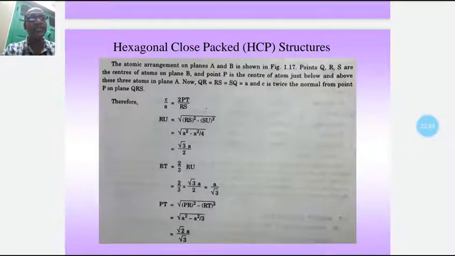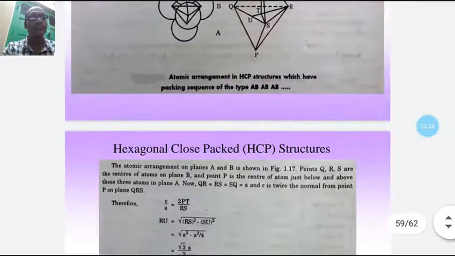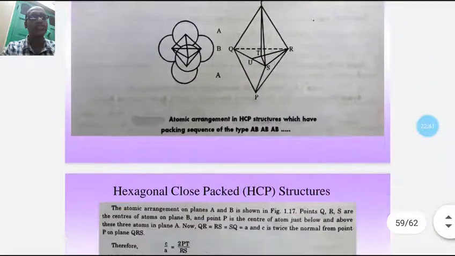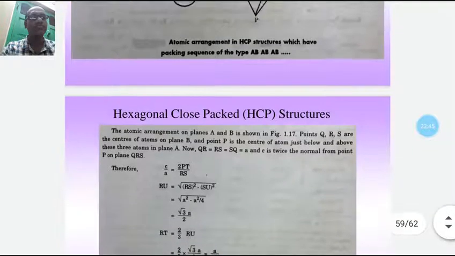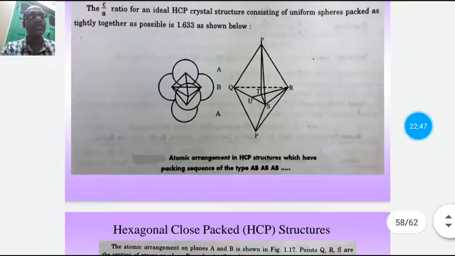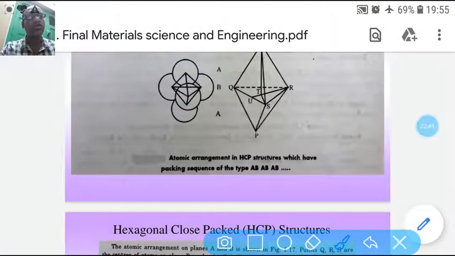So PT is equal to root over of PR square minus RT square.